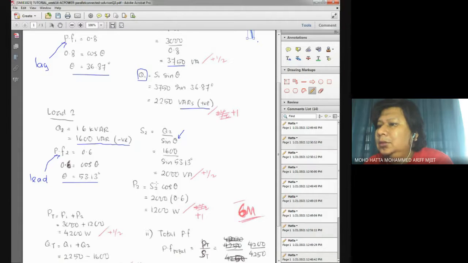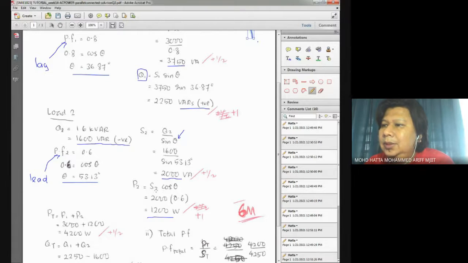Now S2, the value over here, is 2000 based on this equation, and using this S2, the apparent power at load number 2, you can easily calculate your active power by using this equation: P equals VI cos theta, or P equals S cos theta.